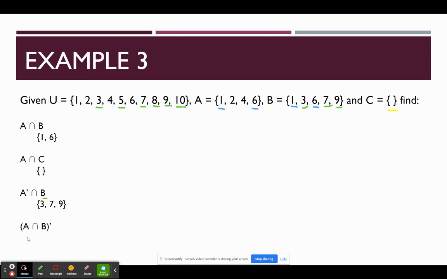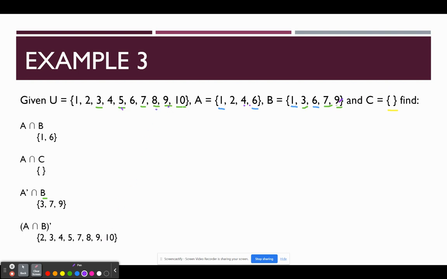And the last example here, the complement of set A and the intersection of set B. So in that line, the things that are not part of each are going to be these numbers. 2, because while 2 is found in set A, it is not in set B. 3 is found in set B, but it is not found in set A. 4 is found in set A, but not found in set B. 5 is not found in either set. 7 is found in set B, but not found in set A. So that means it's a complement. 8, same thing, not found in either. 9, not found in either.